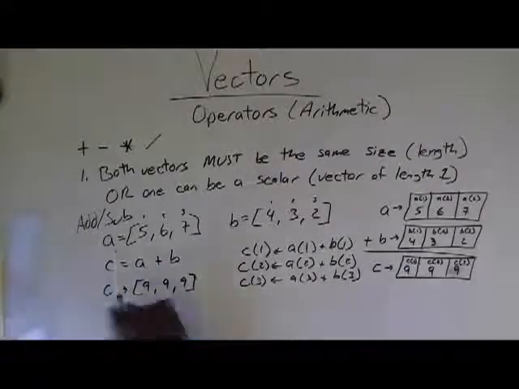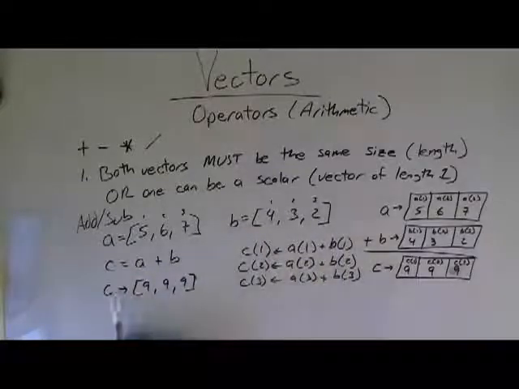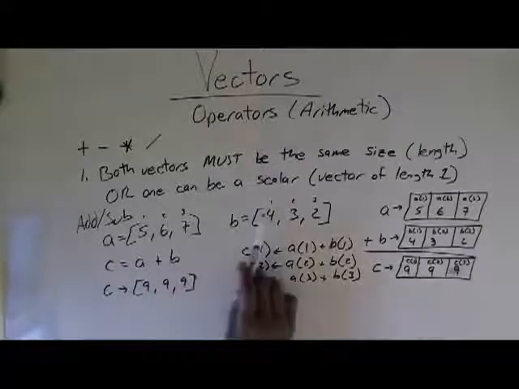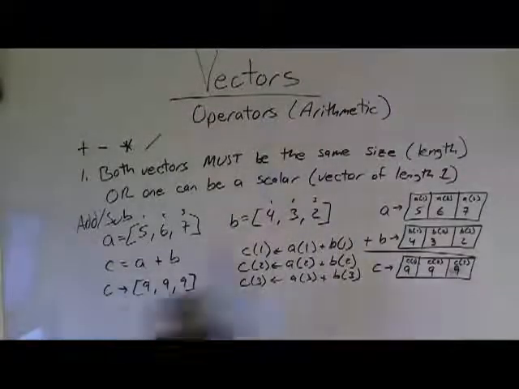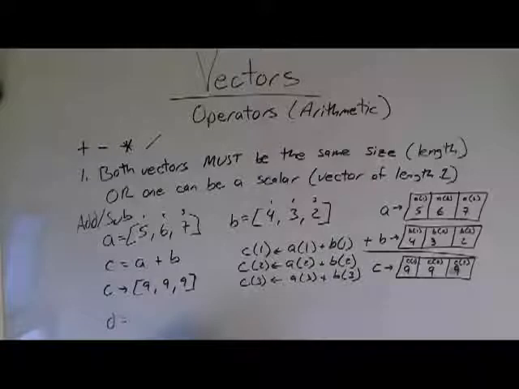So if I have A defined as this and B defined as this, then C equals A plus B is going to yield the vector 9, 9, 9, because you do element by element addition. Same thing with subtraction. Let's not go to subtraction yet; let's go to the scalar part.